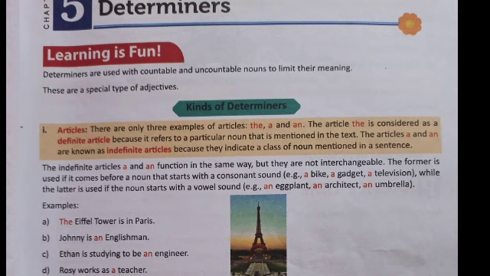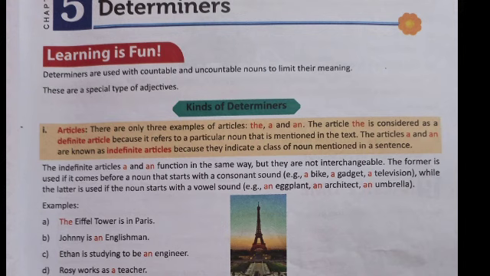So indefinite article a comes before consonant sounds, and an comes before vowel sounds, that is a, e, i, o, u.